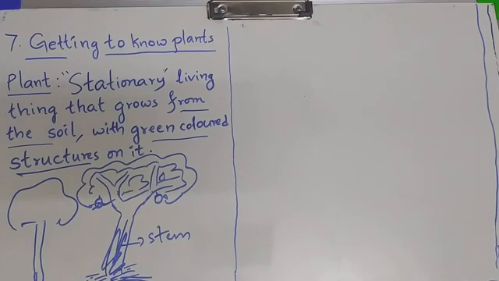Now let us know the types of the plants based on their strength of the stem. We all might have seen many different types of plants, but to remember them easily in our memory, we have to classify them or divide them.